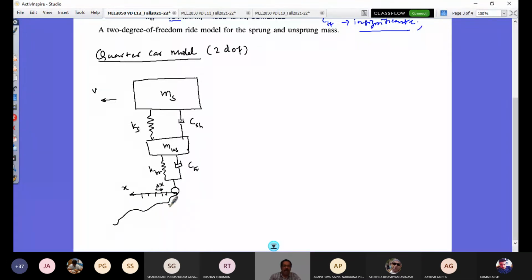So I would have here my road profile, the road elevation, changing randomly. I just have it like that, 1, 2, 3, and so on till say the ith one, so i minus 1. So like that, I represent my road profile, and this is what is acting as an excitation.